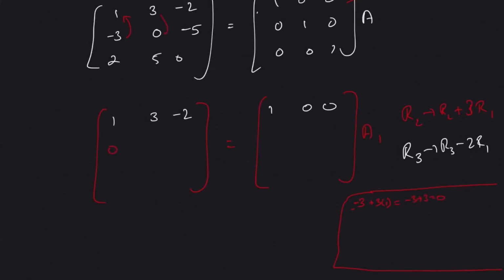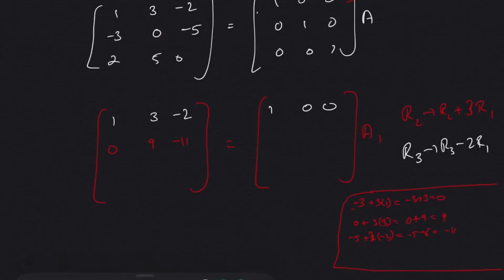Next, 0 plus 3 times 3, that will be 0 plus 9, that will be 9. Next, minus 5 plus 3 times minus 2, that is minus 5 minus 6, that will be of course minus 11. Similarly, I'll just proceed with the first two.